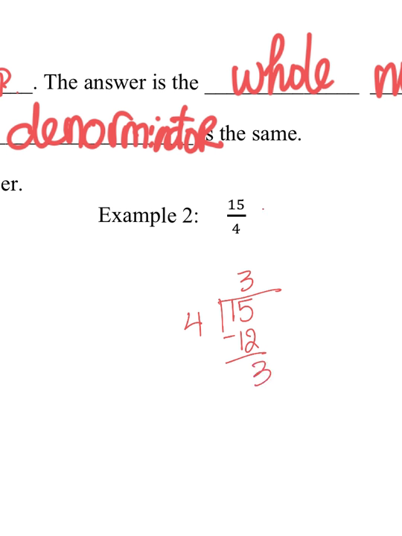So the whole number will be the answer when you divide, the denominator is always the same, and then your remainder will be the numerator of your mixed number. So we have 3 and 3/4.